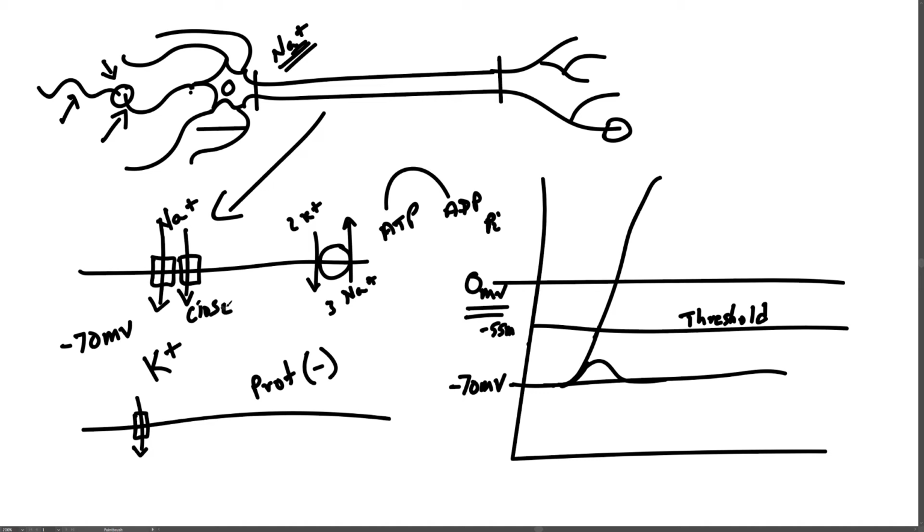At that point, the sodium channels close, and the potassium channels, which are slower to react, open, and potassium rushes out of the cell. Because sodium was rushing into the cell, positive ions were coming in, and the potential was going from minus 70 millivolts past the positive point to something like plus 40 millivolts.